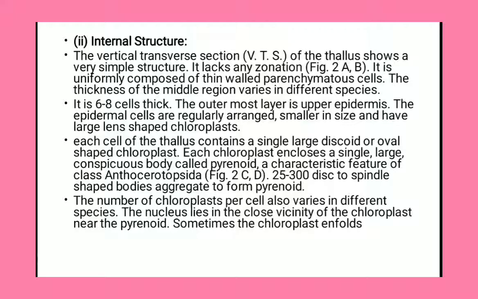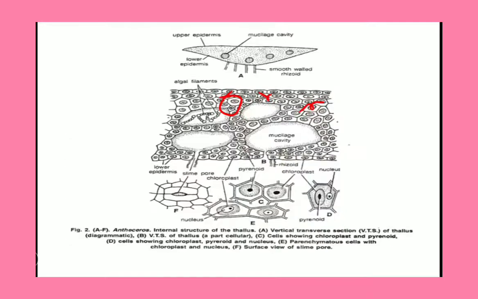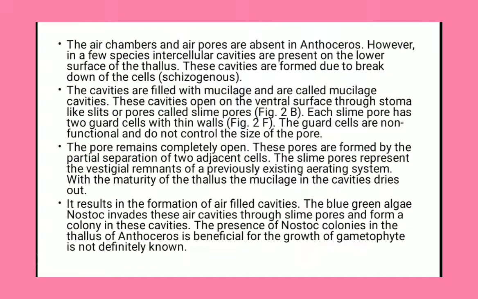The outermost layer is the upper epidermis, and the epidermis cells are regularly arranged, smaller in size, and have a large lens-shaped chloroplast. You can see in this figure, this is the upper epidermis, regularly arranged, and all their cells have a lens-shaped chloroplast present.